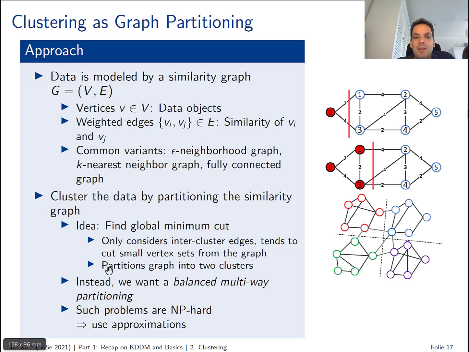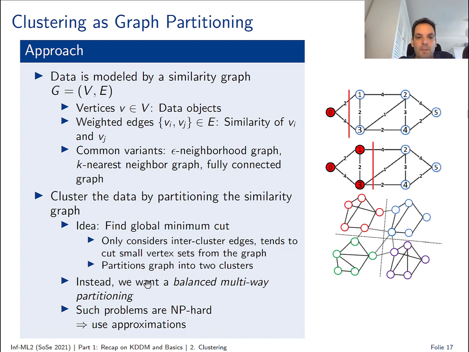And the second problem is that any minimum cut is of course just a cut into two partitions, into two clusters. Of course we can do that multiple times, but then that would be a locally optimized cut, because the first cut will be optimal for the whole graph, and then the second cuts would be optimal for the subgraphs, and so on.